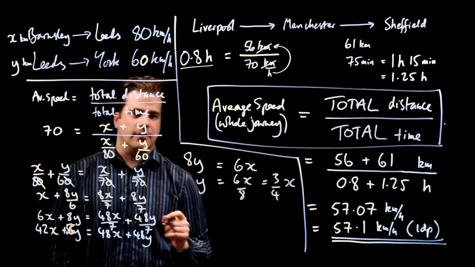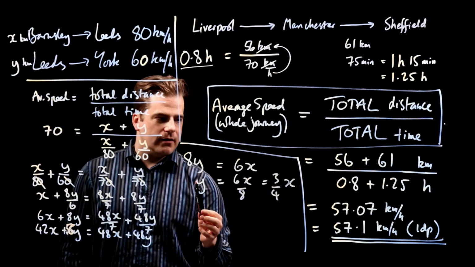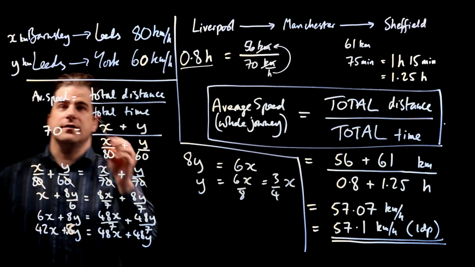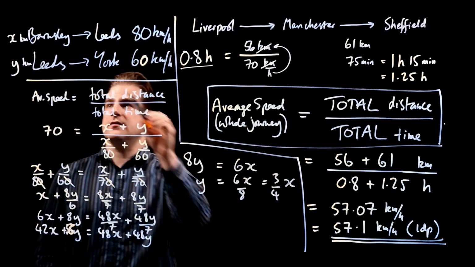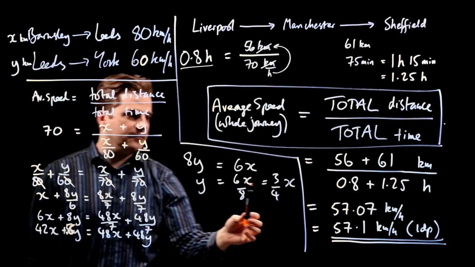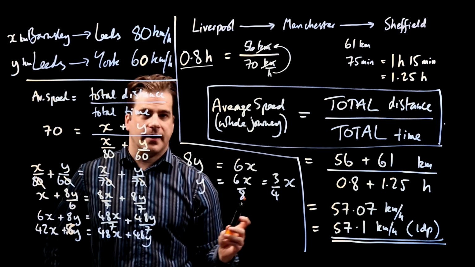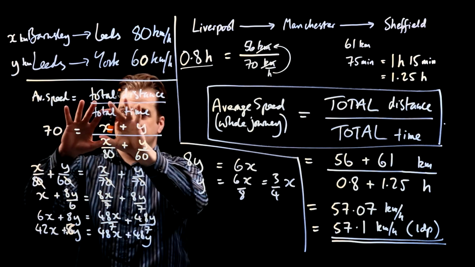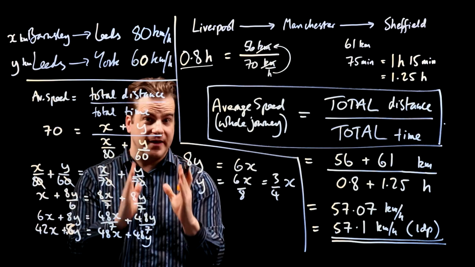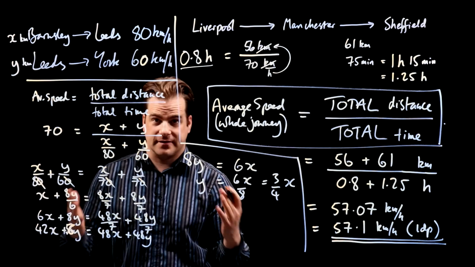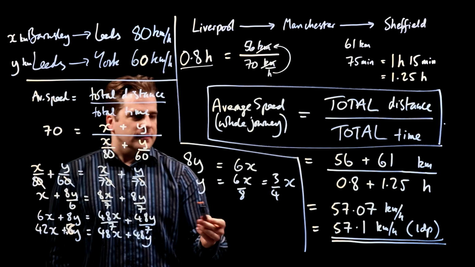So it's correct. As I said, Y, the distance from Leeds to York, is less than the distance from Barnsley to Leeds. It's actually 3/4. And again, I want to stress, this is just a proof. You don't need to do all of this for that measly 1 mark for this exam question. This is extra for your understanding. So we've proven it.